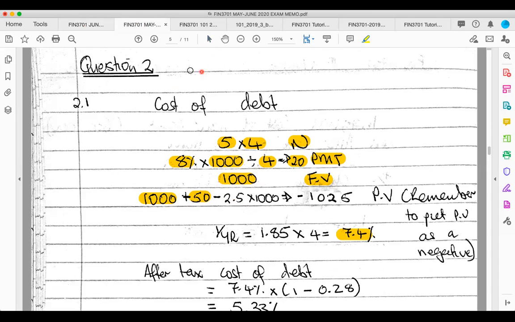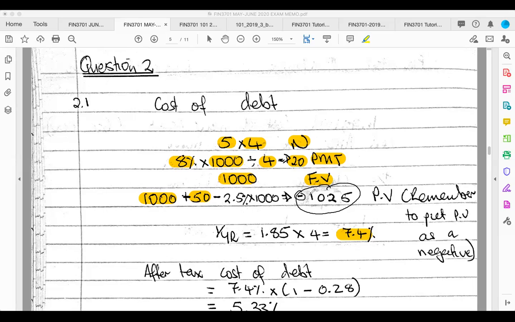Sorry, there should be a percentage sign here. We subtract 2.5% of the par value of the bond. So it's 1,000 plus 50 minus 2.5% of 1,000, giving us 1,025 as the present value, as the proceeds.